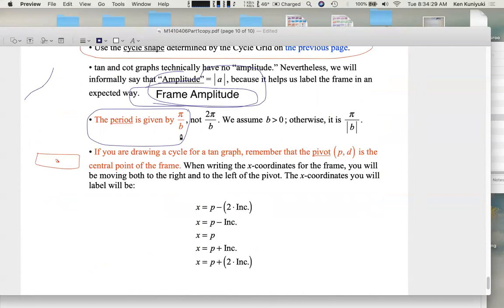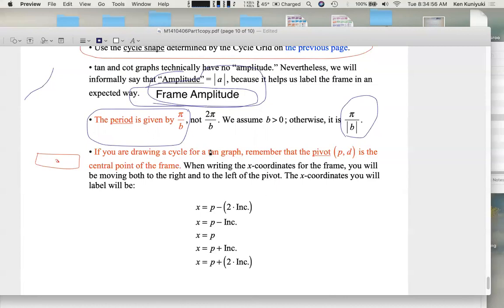If b is negative, then you want to use the odd property of tangent or cotangent first. If b is not positive right now, then use the absolute value of b down below. The period is always positive. But for tangent and cotangent, we're going to use that the period is pi over b, not 2 pi over b, which is the case for sine, cosine, and also cosecant and secant.